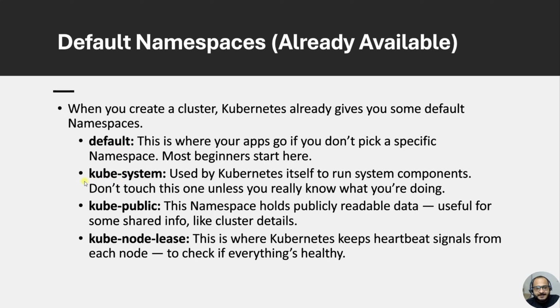And these are the Kubernetes cluster components, or I would say control plane namespaces: kube-system, kube-public, and kube-node-lease. We should not touch these three kube namespaces, because the system components reside inside them. We will see in the demonstration whether we get all these four namespaces by default or not.